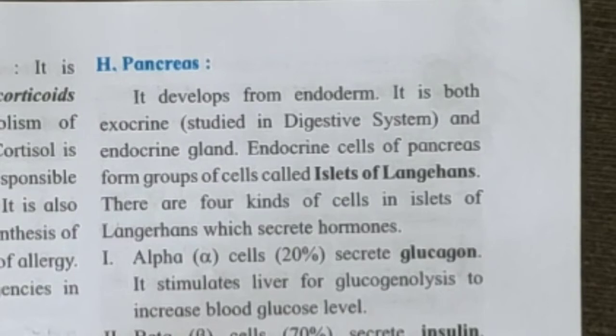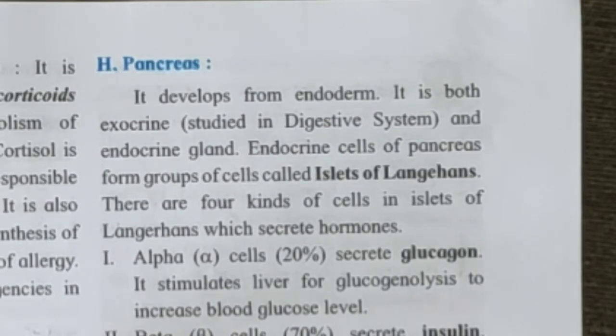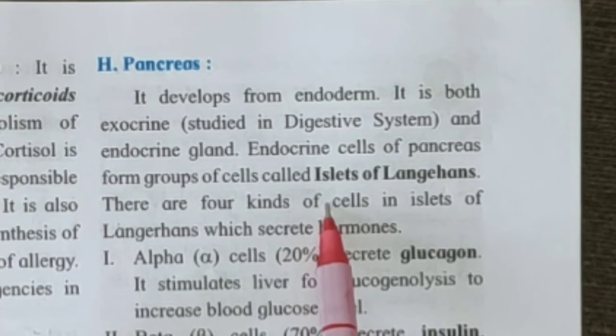Basically this pancreas is an exocrine and endocrine gland, and there are small cells present in the endocrine gland called the islets of Langerhans.